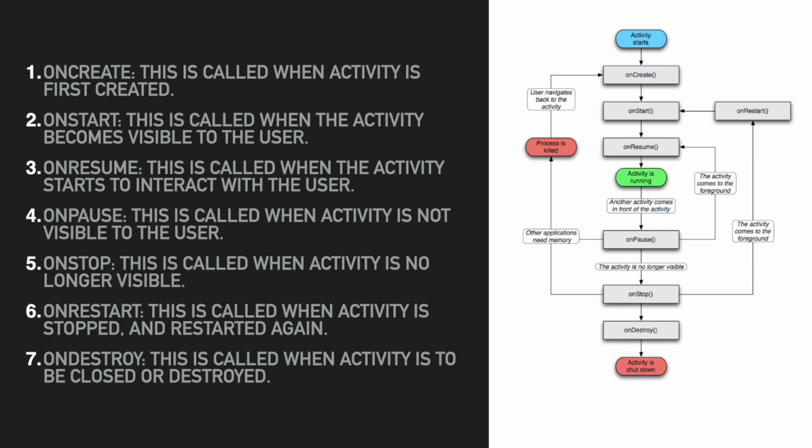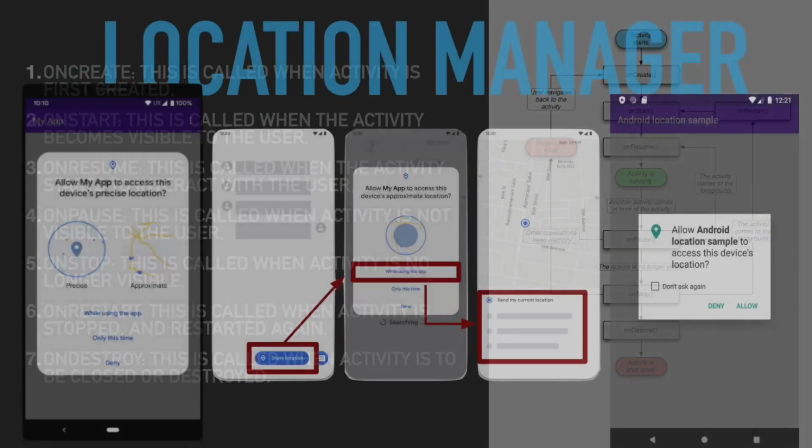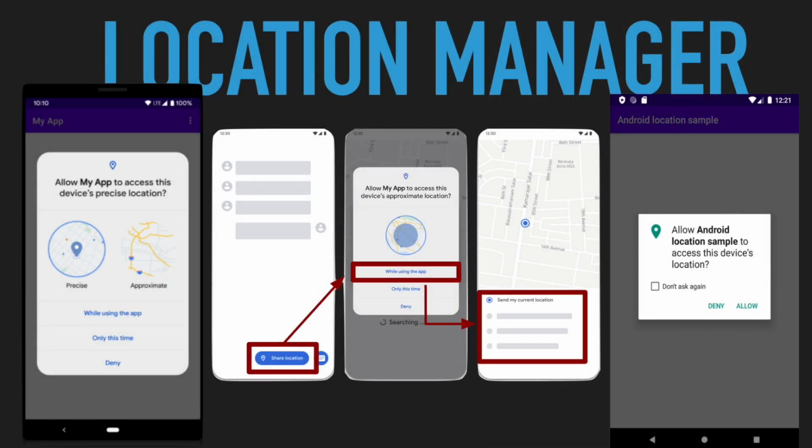One of the best things about the location manager in the latest Android version, Android 12, is that you can see a little animation and little images that they have used.